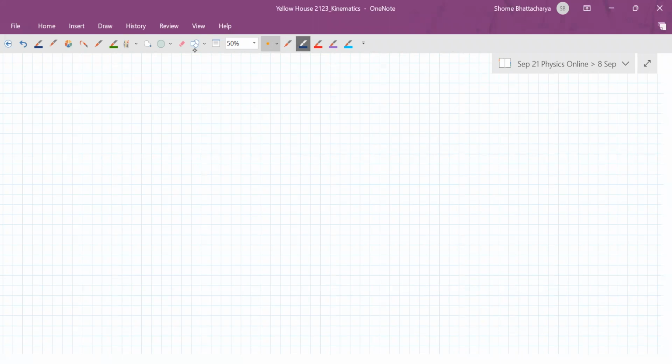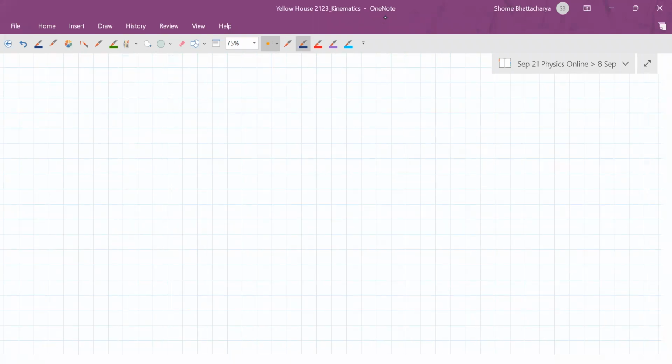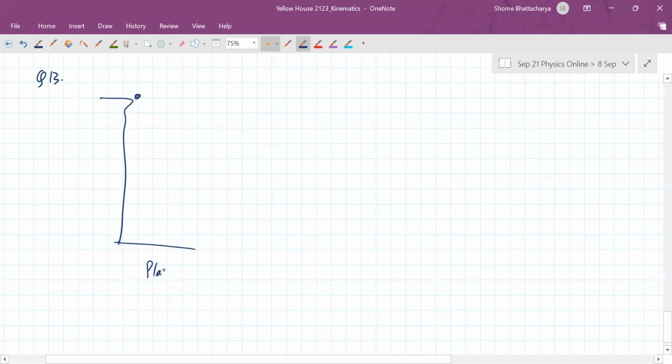So let's just compare the situation in the two planets. So in planet 1, say, the acceleration due to gravity is 8g.